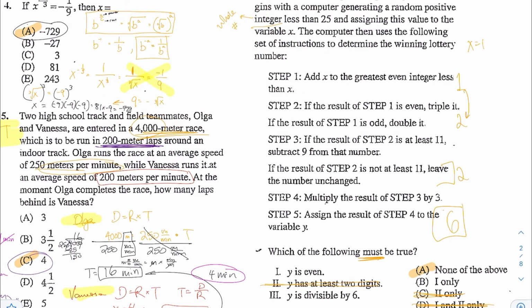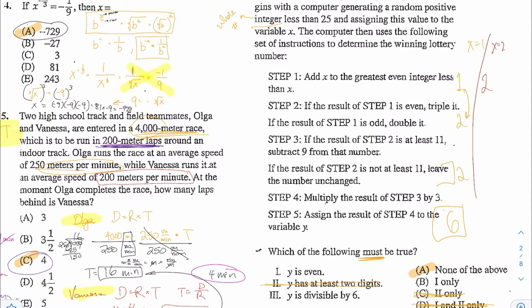All right, then you just try a new number, like the number 2. If x is equal to 2, here you just add x to the greatest even integer less than x. Well, that's just 0 again, because only 0 is the even number that's smaller than this.